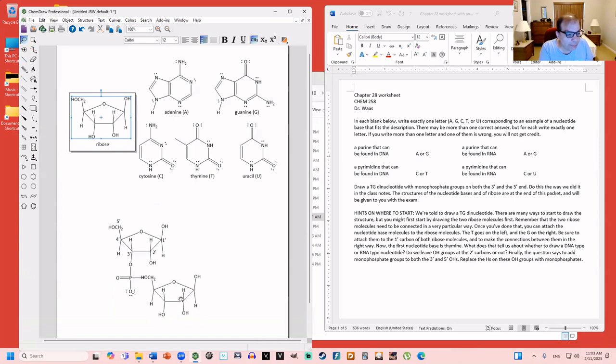Going to try to line that up in the right place. That's pretty close. And we'll connect the phosphorus to the oxygen. That's not working for some reason. Let's try it this way. No, still no good.